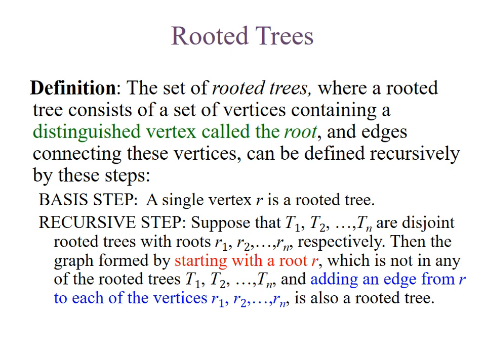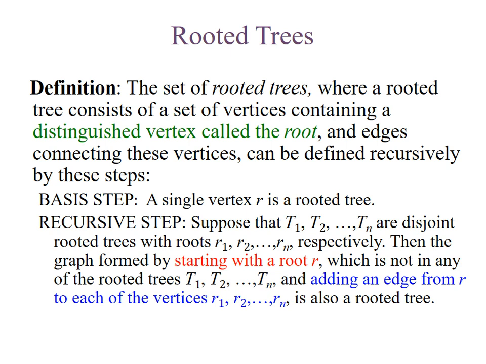And then for the recursive step, suppose we have disjoint rooted trees T1, T2, to Tn, with roots R1, R2, Rn. Then starting from a new root R, we add edges from R to the roots of these disjoint trees, R1, R2, Rn, and then it's also a rooted tree.